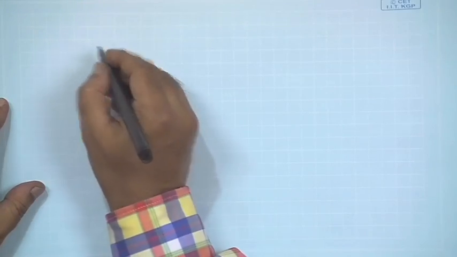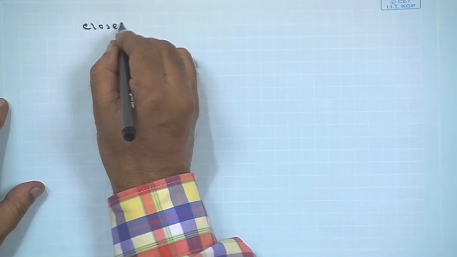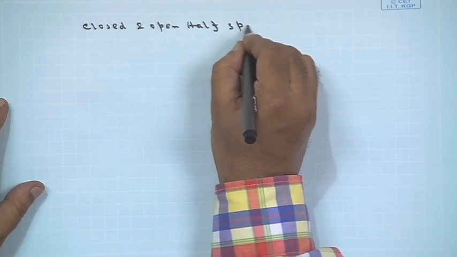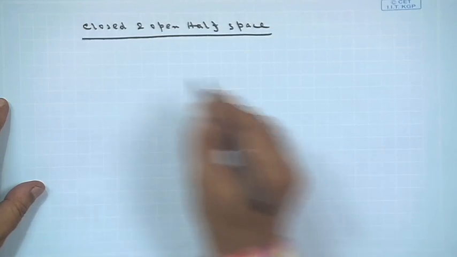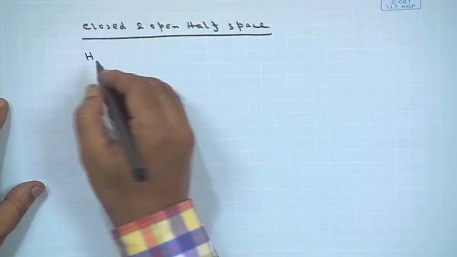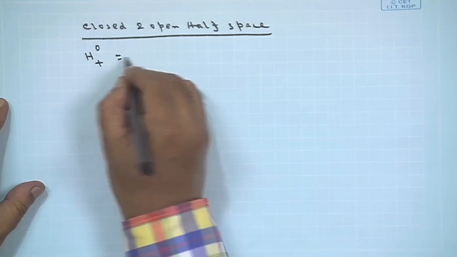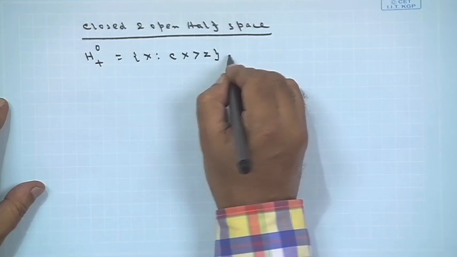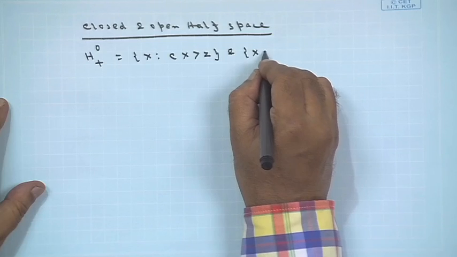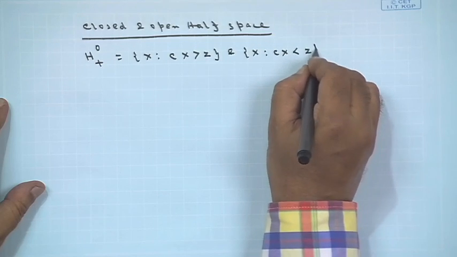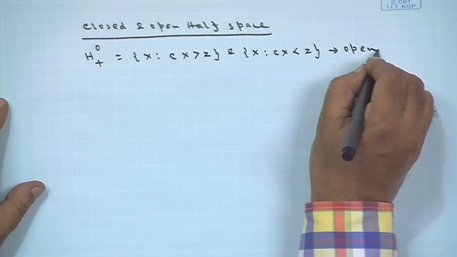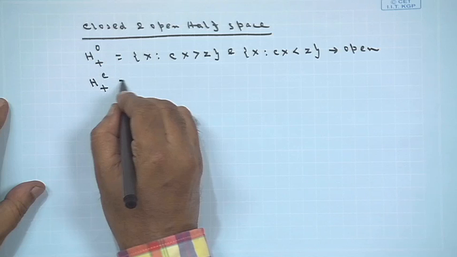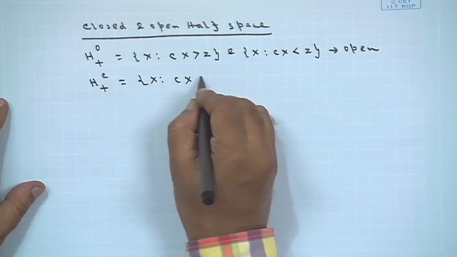Next one is closed and open half space. I am denoting it like this. The set of x such that c x greater than z and x such that c x less than z we are calling open half space, and similarly closed will be x such that c x greater than or equal to z, and x such that c x less than or equal to z.